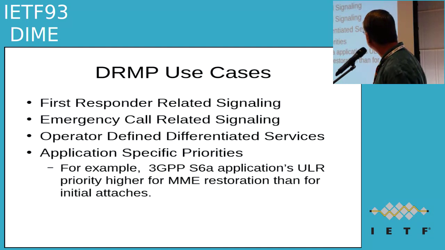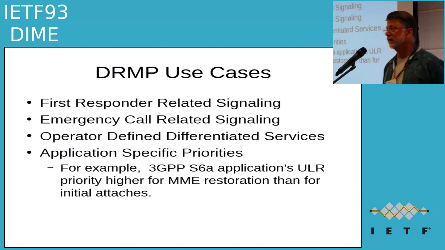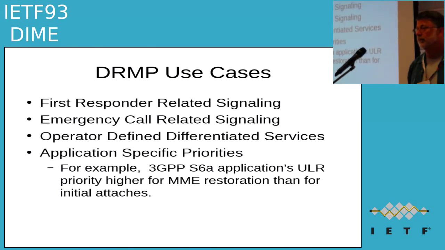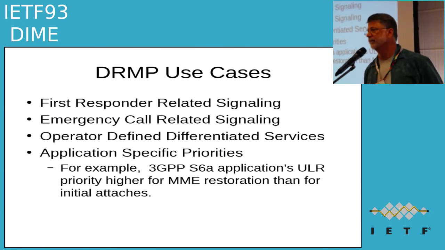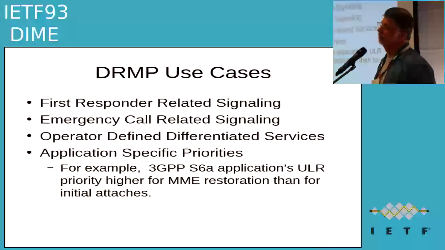The example that was given to me was the ULR request in the S6A application. It would be given a higher priority for MME restoration than for initial attaches. And actually another example would be for government priority services as well as for the first responders, where they're using the HPA, the high priority access capability.